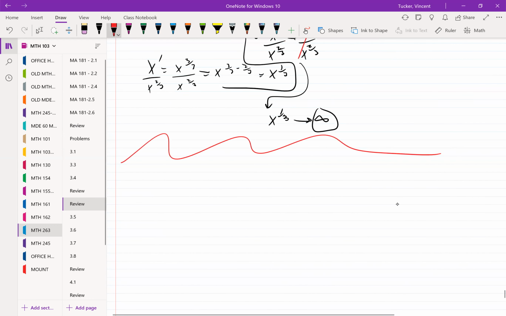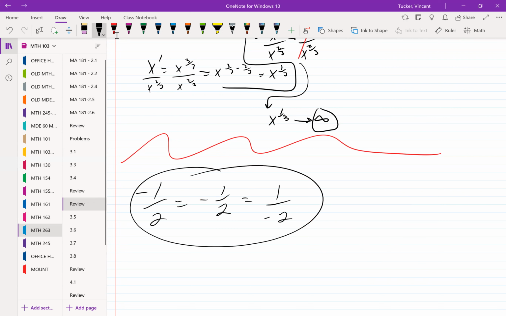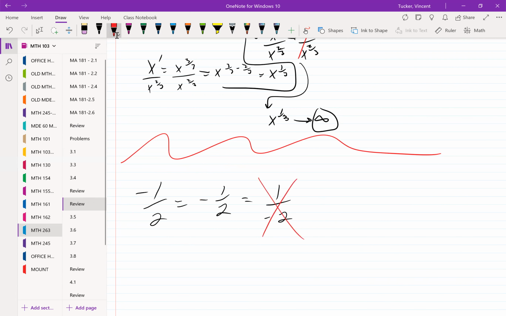So when you get to the location, if you have negative one half, all of these equal the same thing. Except when it comes to putting your final answer in, normally this one is the one that's not accepted.